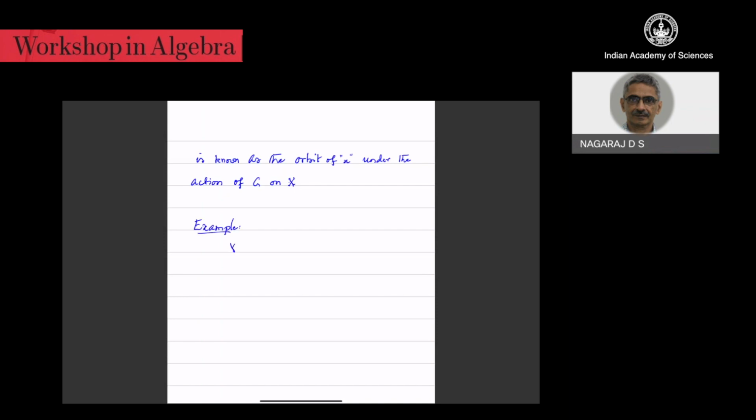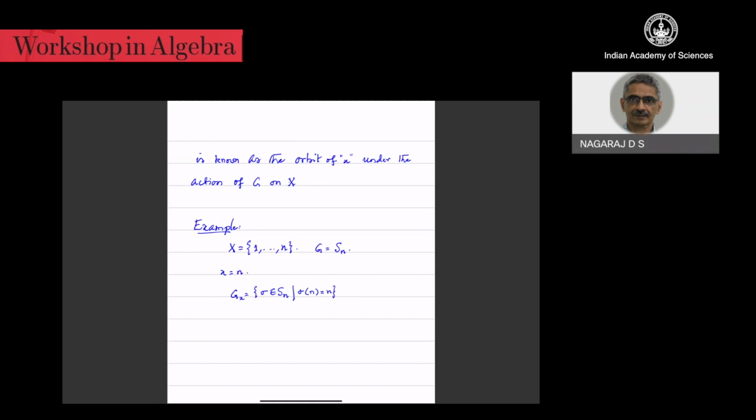Let's look at examples. Look at X equal to 1 to n and G equal to Sn. Okay. So if I take x to be equal to n, then what is Gx? It is the set of all sigma belonging to Sn such that sigma of n equals n. That's what it means.